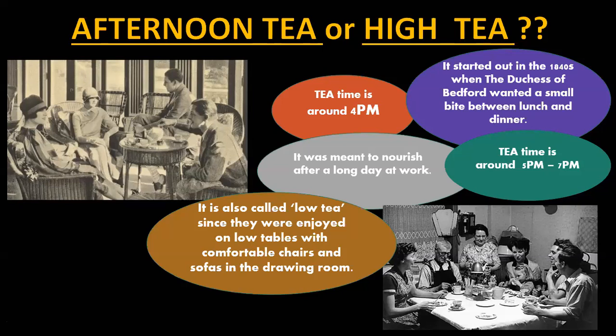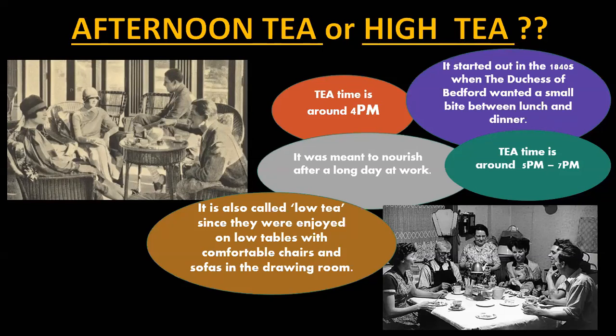And then in the colored circles, you have characteristics that I will reveal at the end, whether they are describing the afternoon tea or the high tea. So it's a sort of game. So I will read one and you tell me if according to you this is the high tea or the afternoon tea. Okay, so tea time.